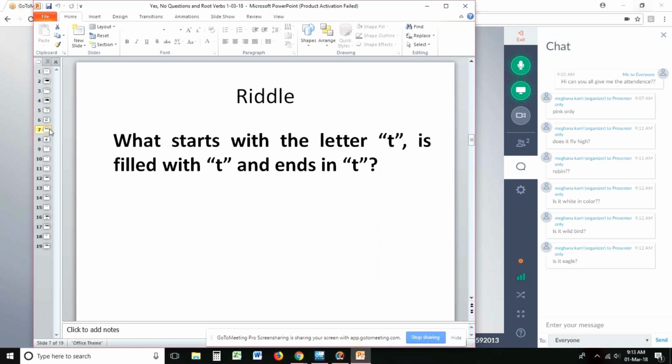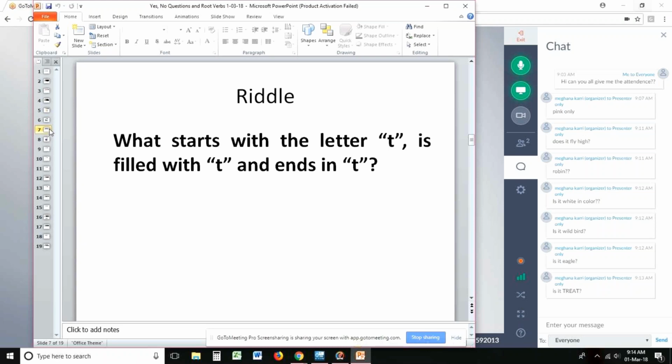Now there's a small riddle for you again. What starts with the letter T, is filled with T, and ends with T? No. It's filled with T. The catch is in the second phrase.